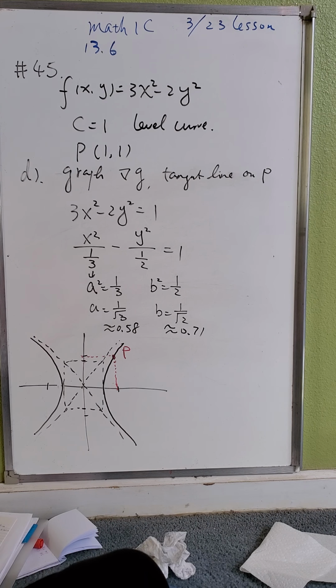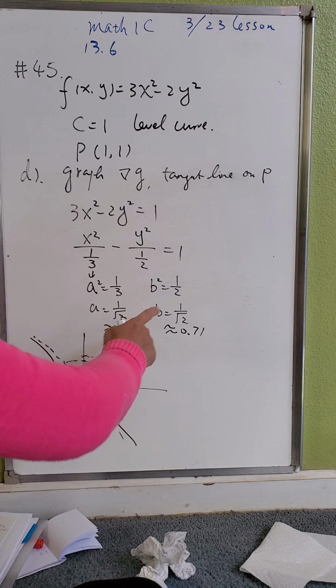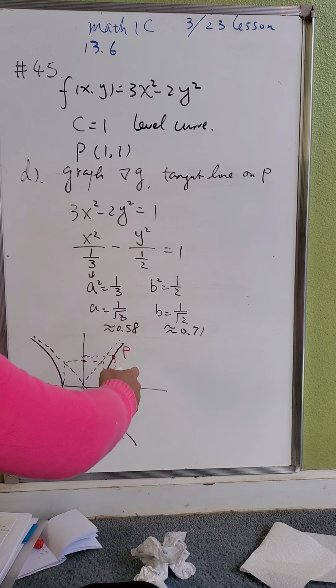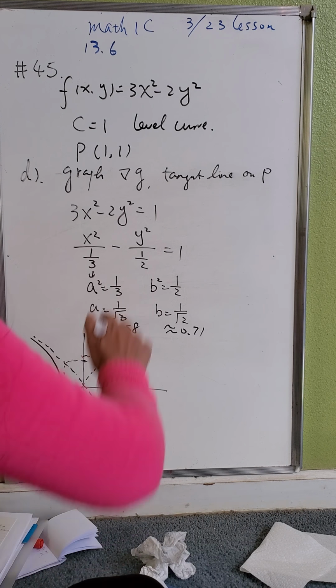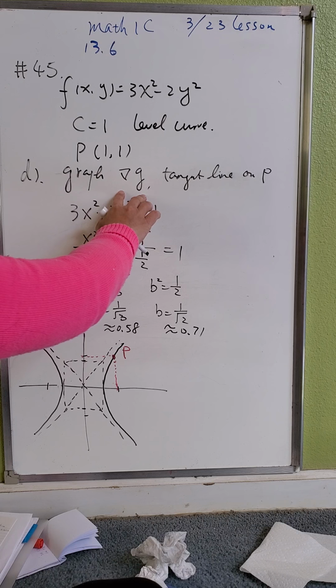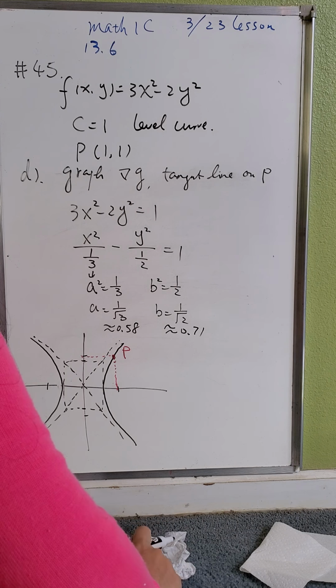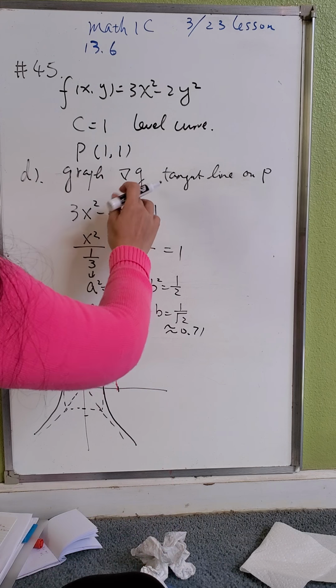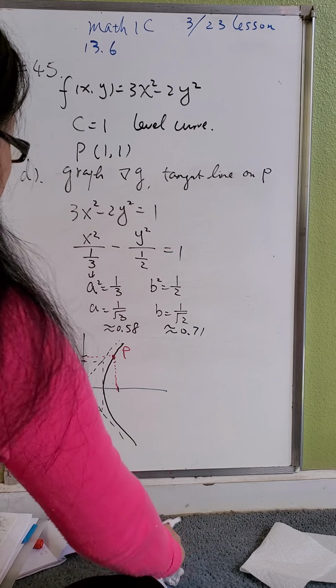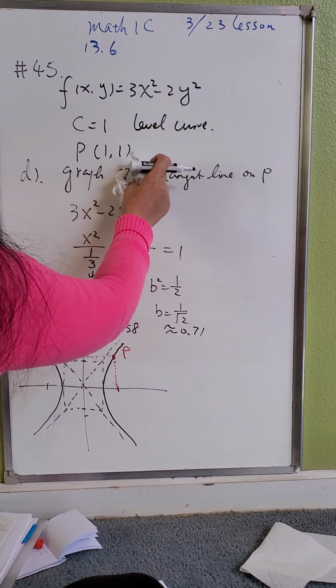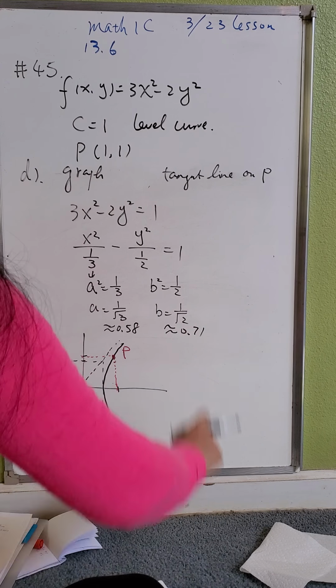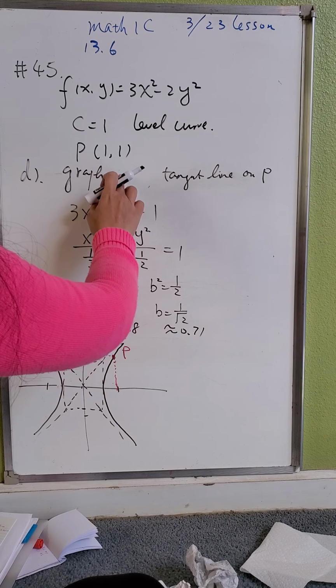Okay, now we're going to draw a couple things. They said draw the gradient. Oh no, they said draw the unit normal vector. Sorry, so draw this one, the unit normal vector, not the gradient. So it's the gradient divided by its magnitude.